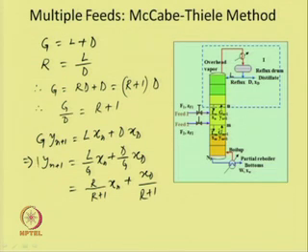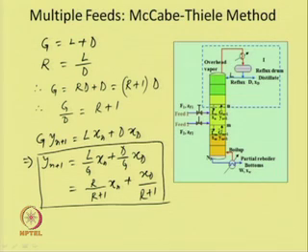This we have already discussed. This is the equation of the operating line in the enriching section or rectifying section, where the slope of the operating line is R by R plus 1 and intercept is x d by R plus 1.